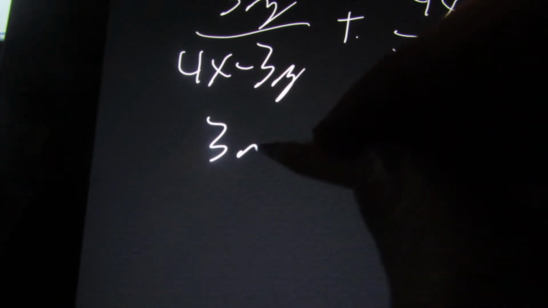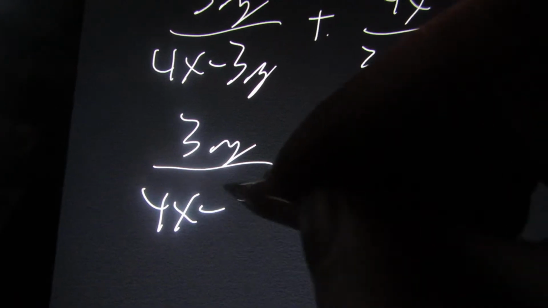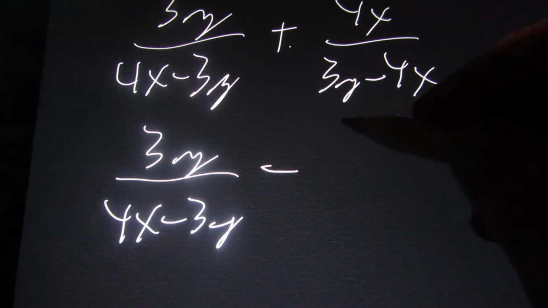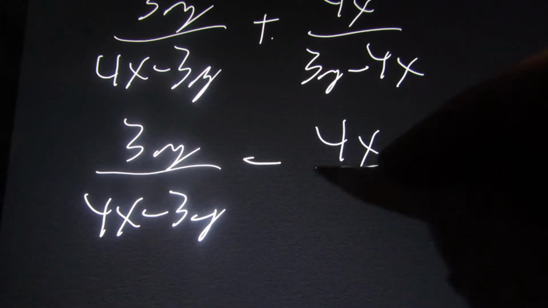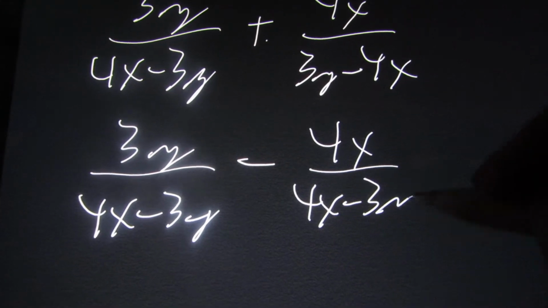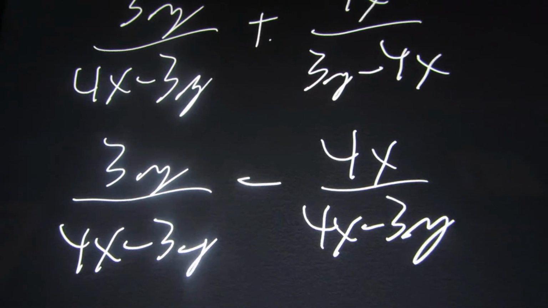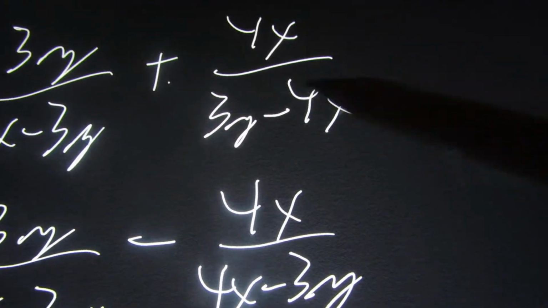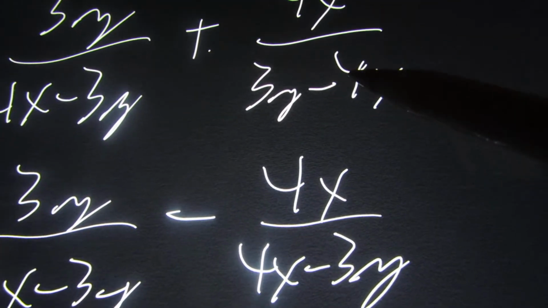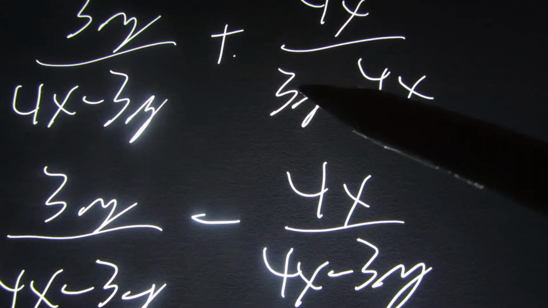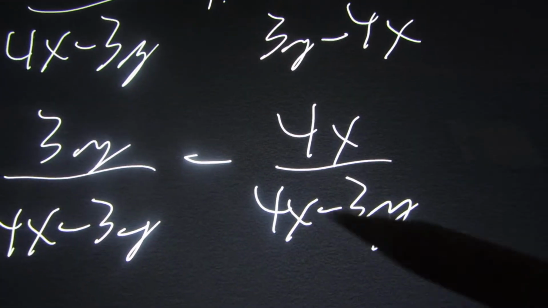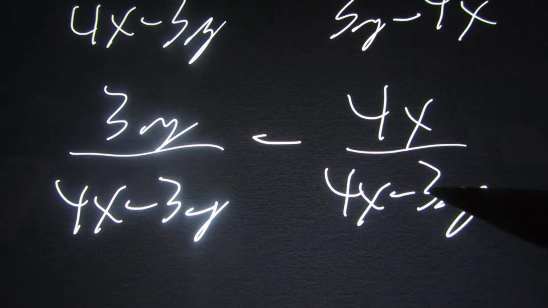So this is going to now be 3y over 4x minus 3y, and it's now minus 4x over 4x minus 3y. And I showed how to do all these in a previous lecture. All I did was factor out a negative 1, so the 4x becomes positive, the 3y becomes negative, and then I rearrange them so they're the same way here.